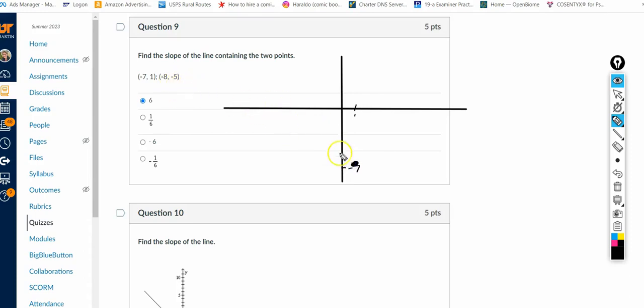And negative 8 comma negative 5 is about there. Okay. And so if I put those together, the line going through them, I can see it has positive slope.